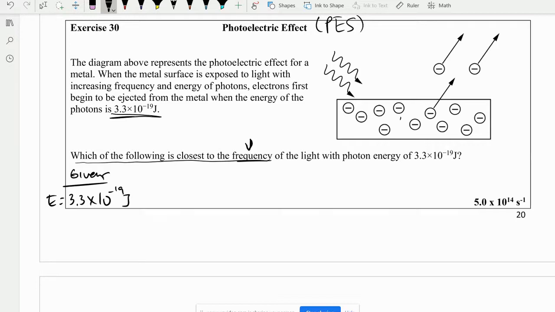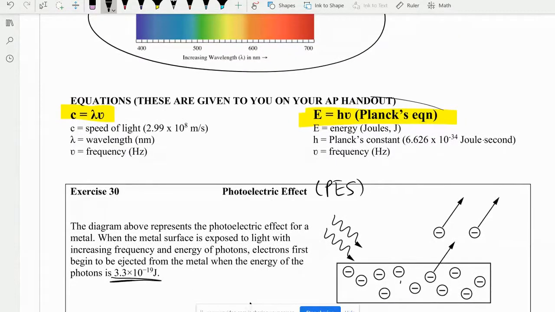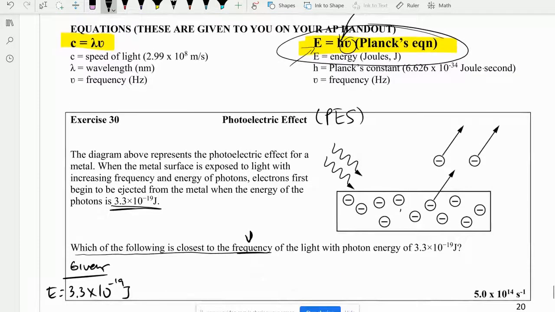One of the things that I realize is that if I go back and look at Planck's equation, I've been given energy. I know that h is a constant we call Planck's constant, and it's asking me to solve for frequency. So it looks like I can just use Planck's equation here, rearrange the equation to solve for frequency, and then I will have my answer.